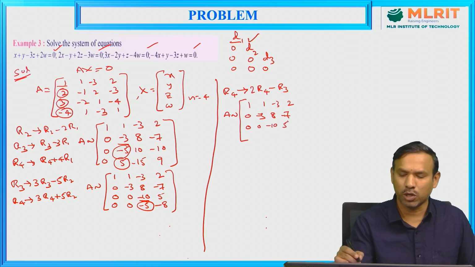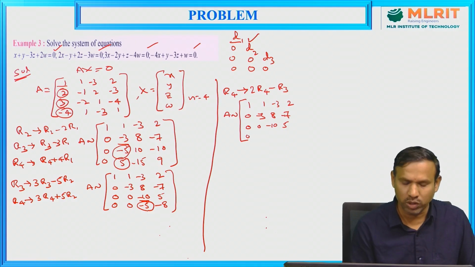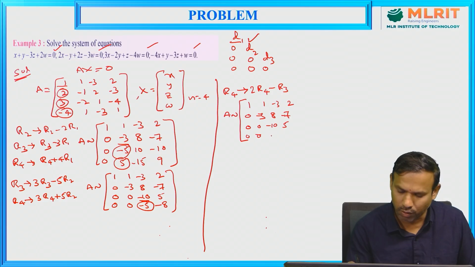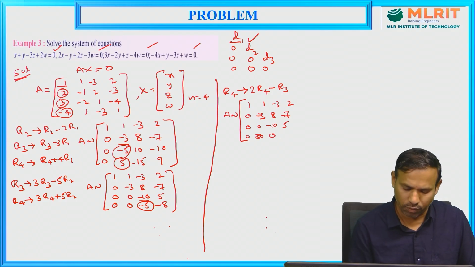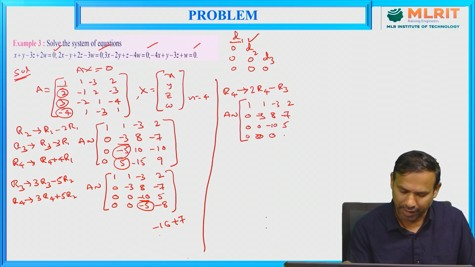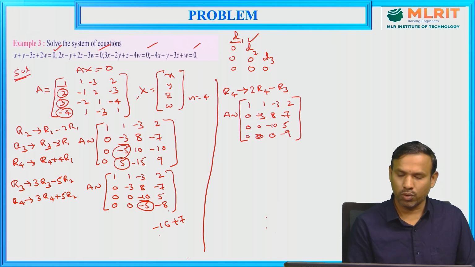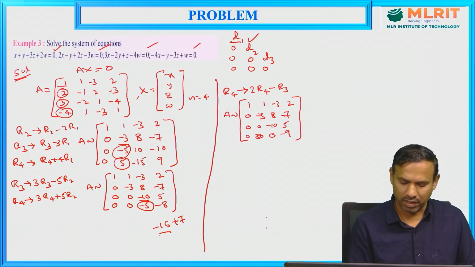Now apply the operation 2R4 minus R3. 0 0, then 2 into minus 5, minus 10, and minus of minus plus 10, that is 0. Next, the last element: 2 into R4, minus 16, minus R3 and plus 7. So 3 plus 6, that is minus 9. So 2R4, 2 into minus 8, minus 16, minus of minus plus 7, that is 3, minus 9.